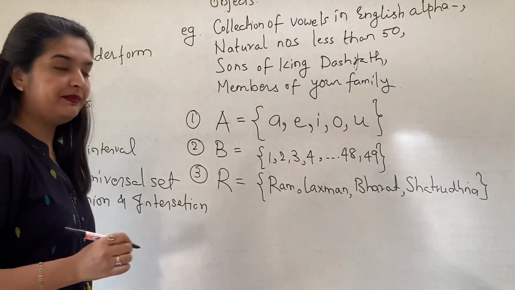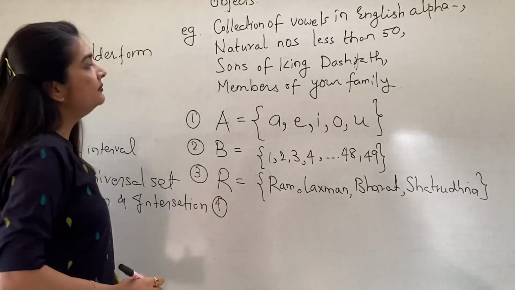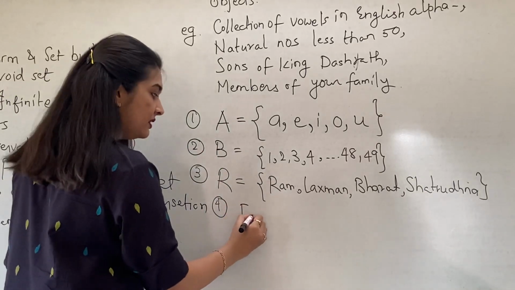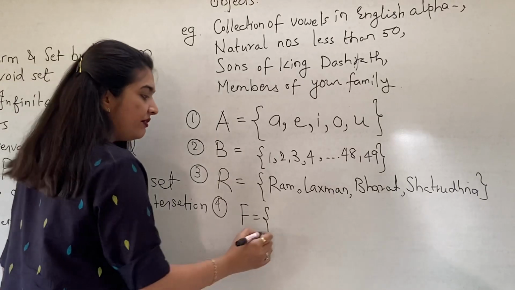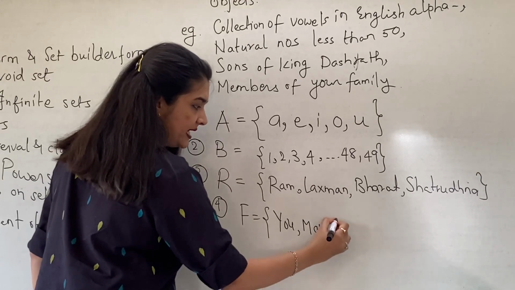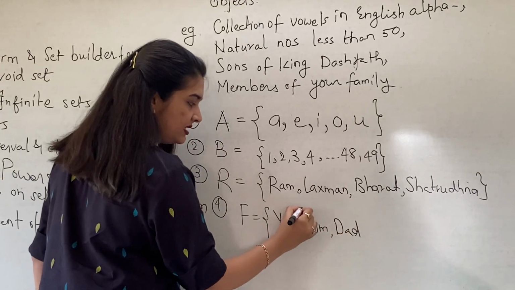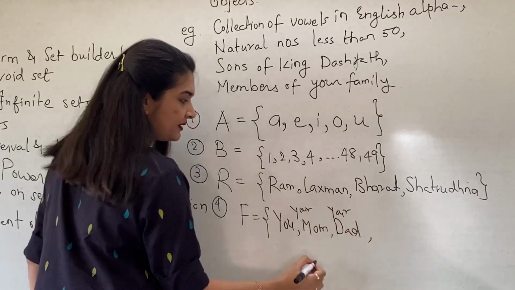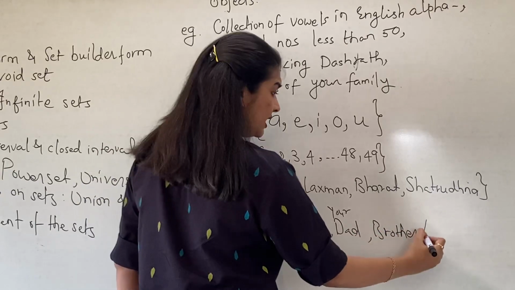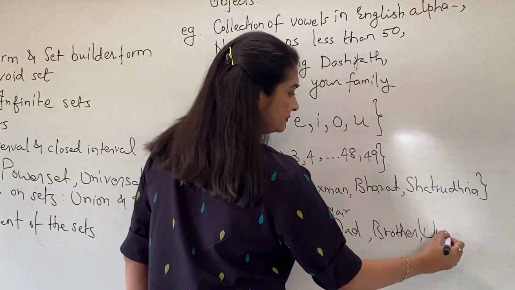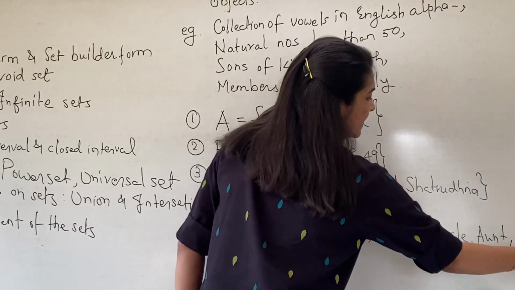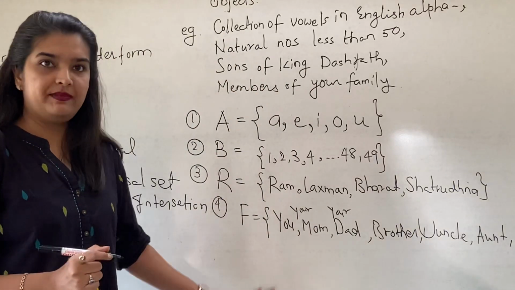And the last example is number 4. Members of your family. Suppose we denote that set by F for family. So members of your family are you, your mom, your dad, your brother, then your uncle, your aunt, your sister, etc. So they are the part of this family.